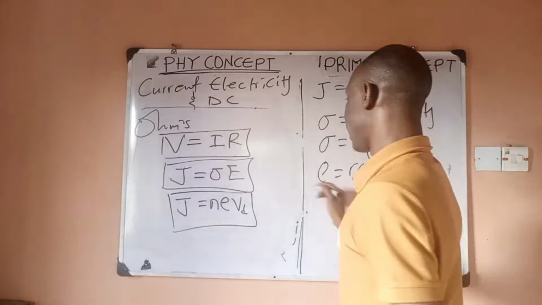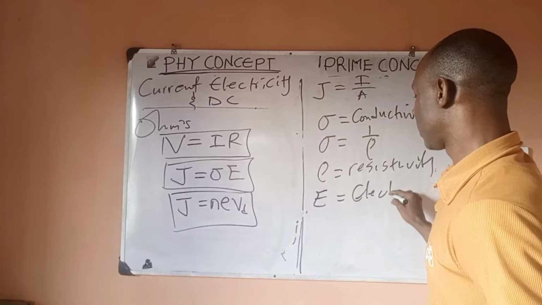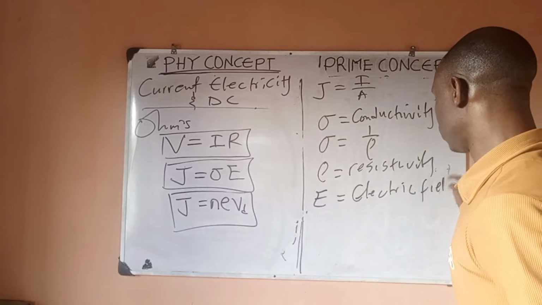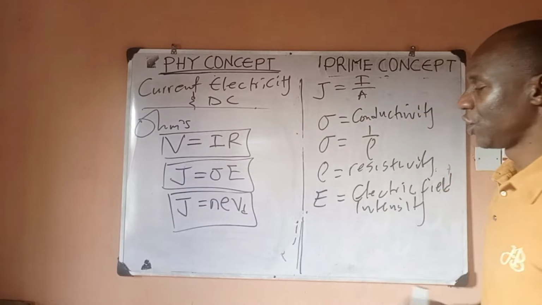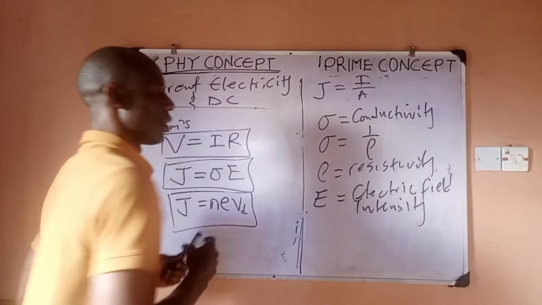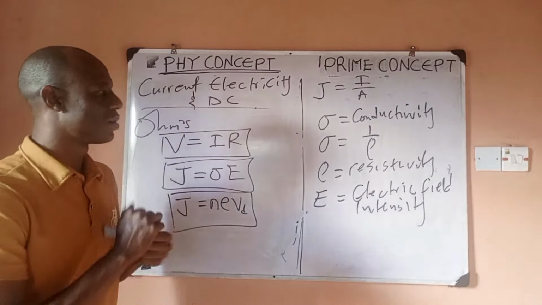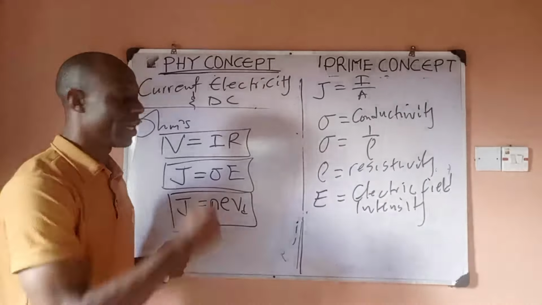Now, E is electric field intensity. So you should take note of these things. Then also, what is resistance? You should know that resistance is the opposition to the flow of current through a conductor.